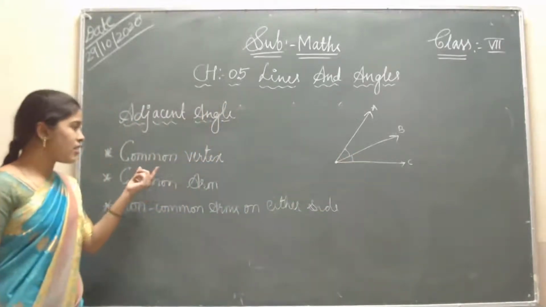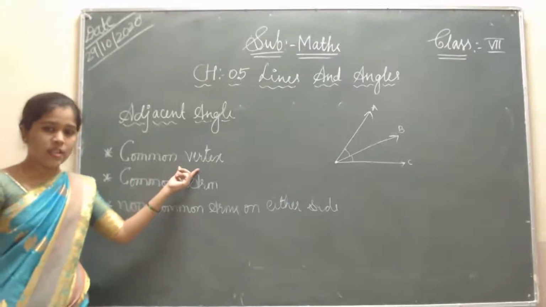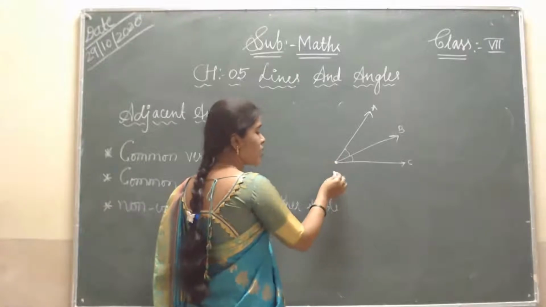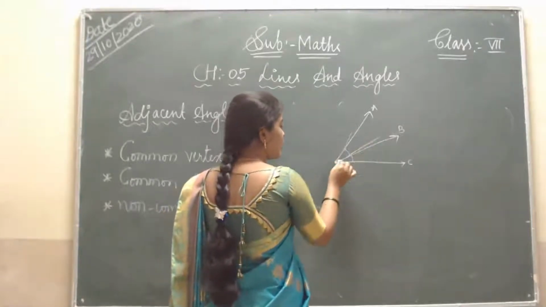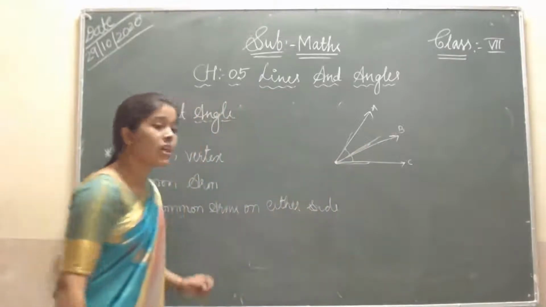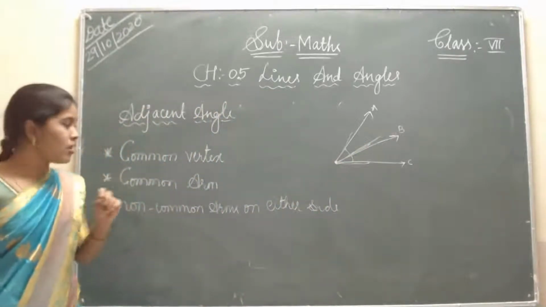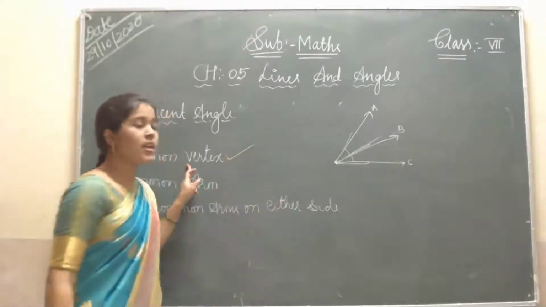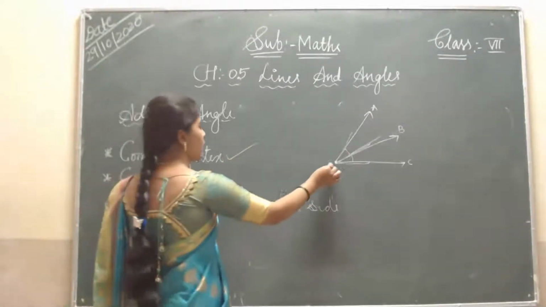We have to check whether they have a common vertex. Here, the vertex is the point. For this angle the vertex is the same, and for this angle the vertex is the same. So the vertex is common. Yes, common vertex. In this figure, the common vertex is O. That is, we have to take a name.